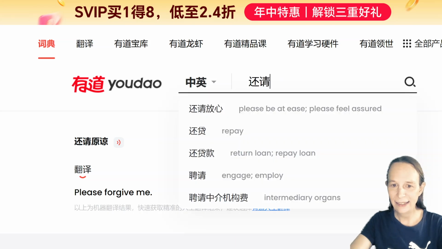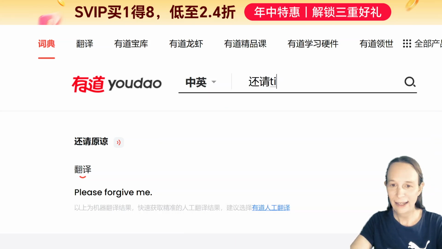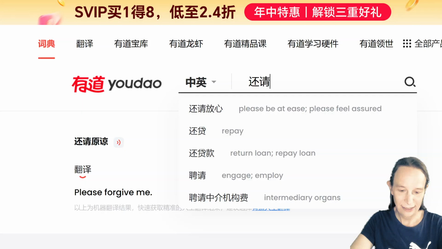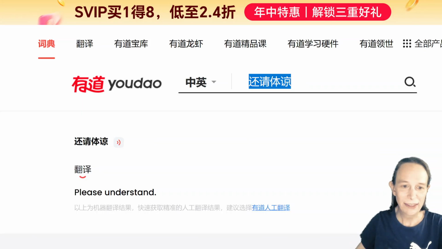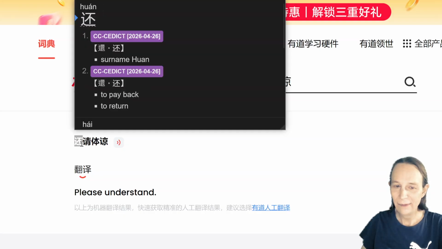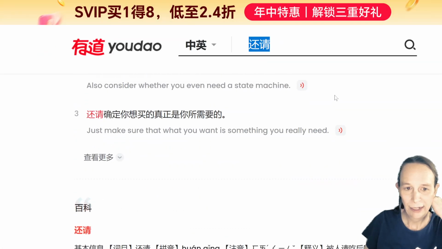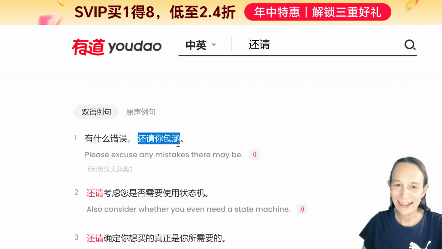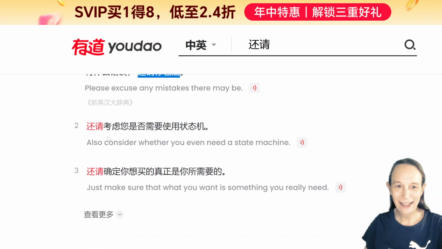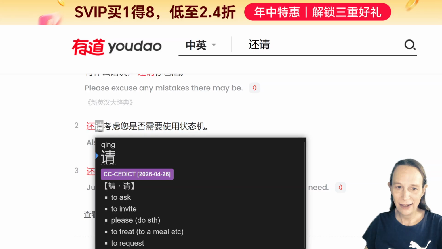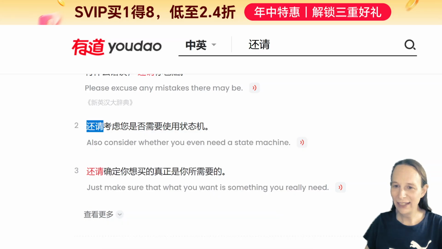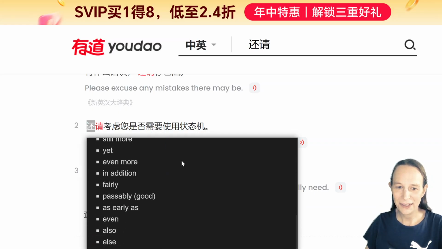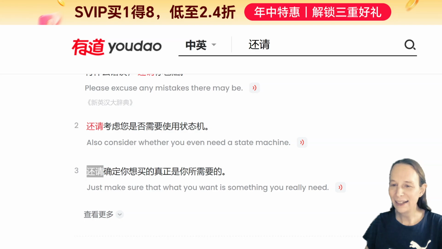Maybe. 还请 what's understand? 体谅, I think. Oh, this one. 还请包涵. I remember this. Is it 还请考虑 blah blah blah. So the 还 doesn't really have a meaning of also. It's something else. It's almost like it's meaningless here.